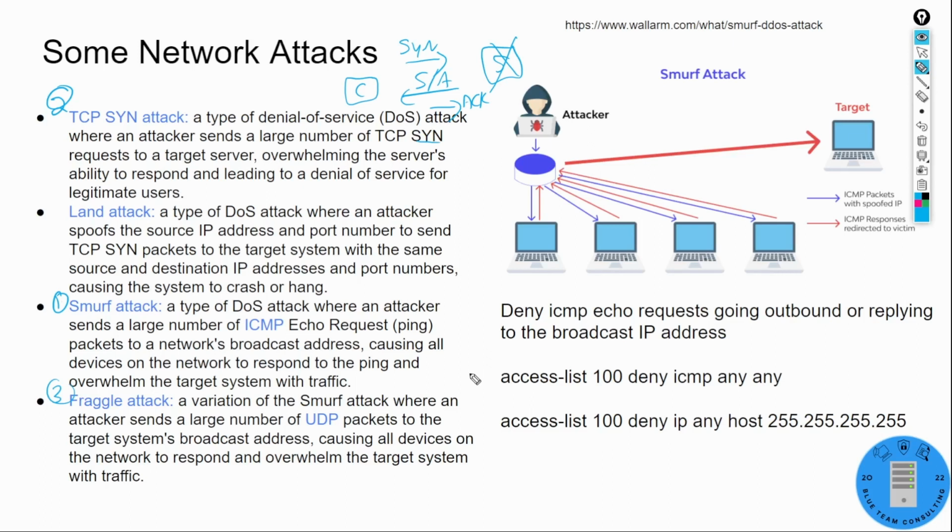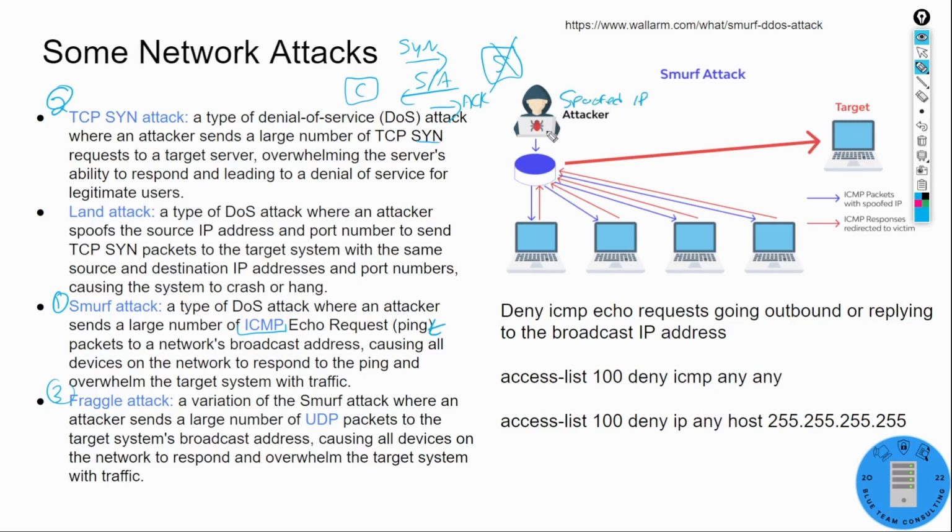So we've covered TCP SYN attack, but Smurf attack, the buzzword for this one is it's going to send a large number of ICMP packets in the form of echo requests, so pings, and if you see in the diagram, it's going to have sent this from a spoofed IP address.